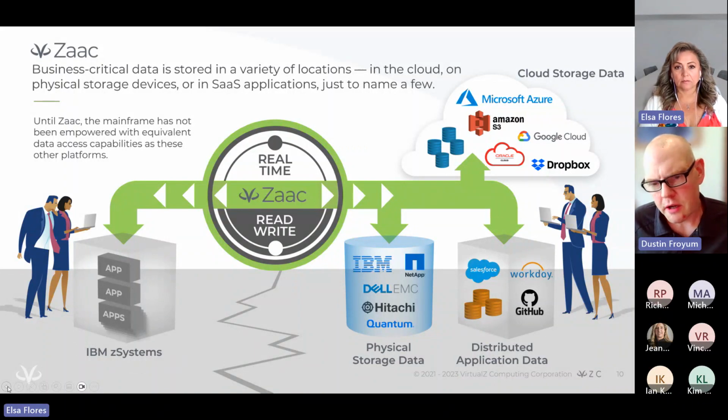And there's actually a demo that you can see posted on our YouTube and our website around ZAC accessing Azure environments, Azure Blob to be specific, and some really simple ways in which ZAC accesses that data, writes that data real time to those environments from the mainframe.